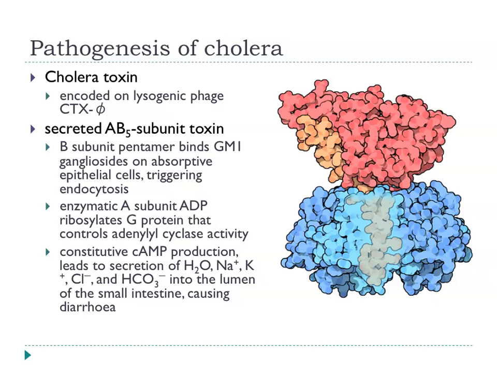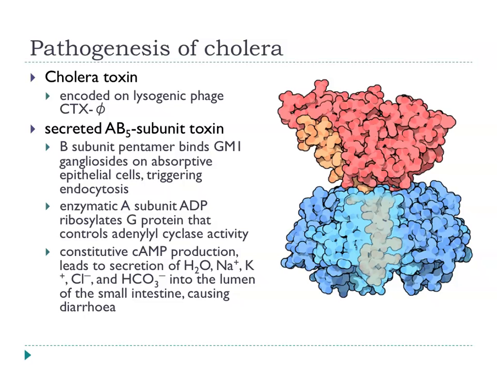Cholera toxin is encoded again on a phage, a similar motif that we see in pathogenesis in various different contexts. This is an AB5 toxin again, with a B subunit binding gangliosides, and an A subunit, again another ADP ribosyl transferase, this time targeting G proteins.